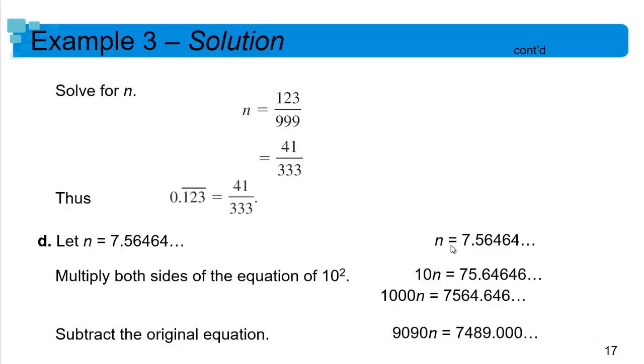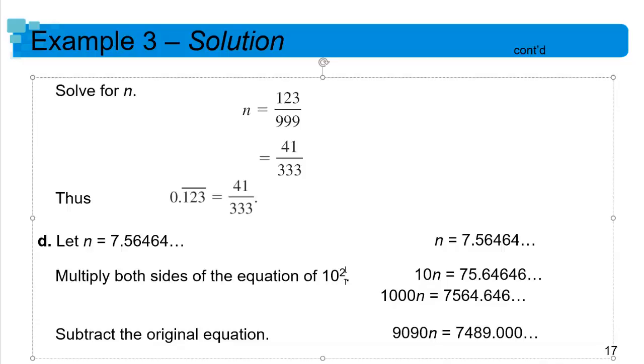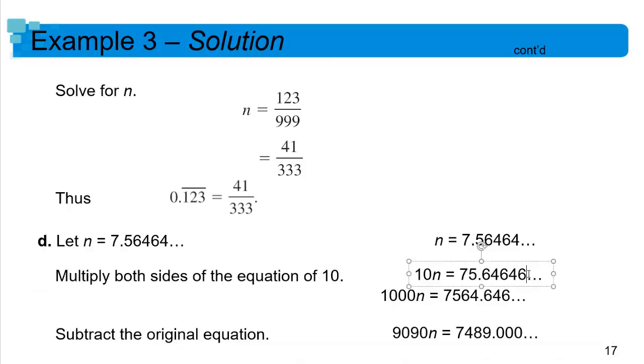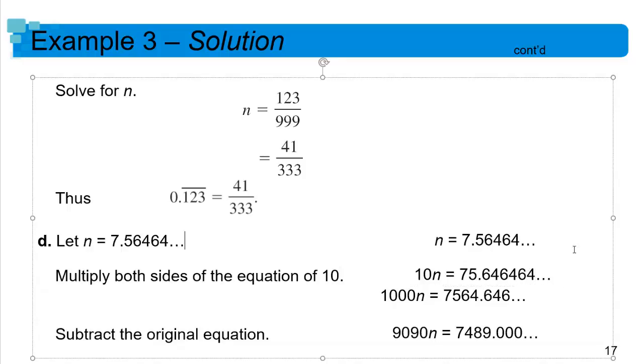So what I do is I multiply both sides by 10 to begin with. And that gives me 10n equals 75.646464, and so on. So now it repeats from the decimal on.